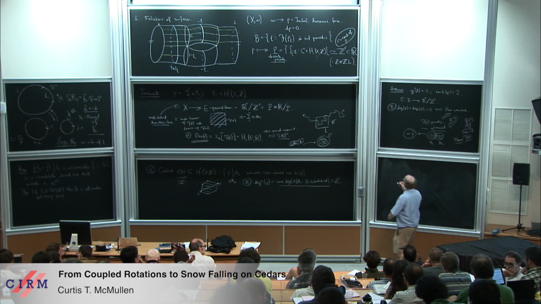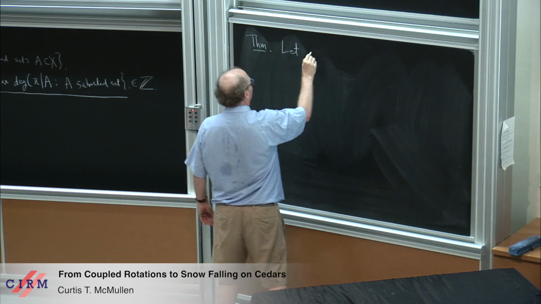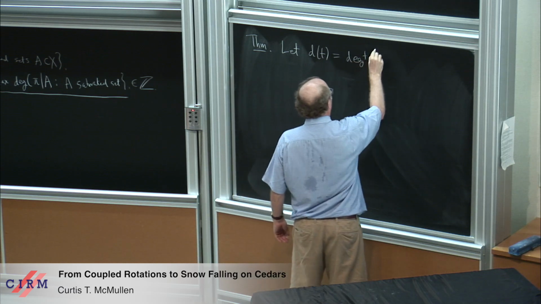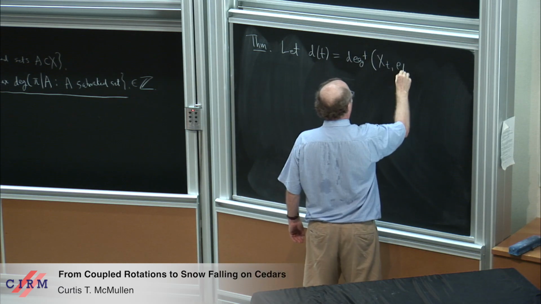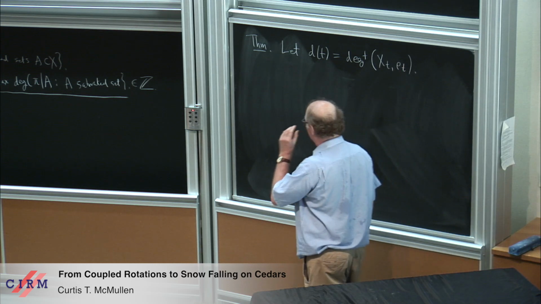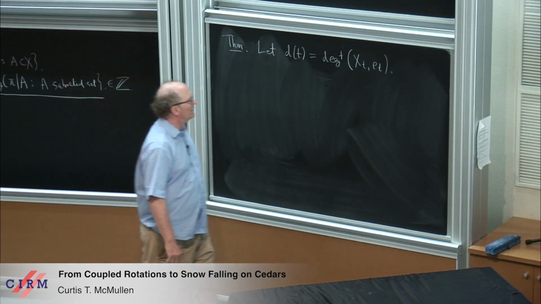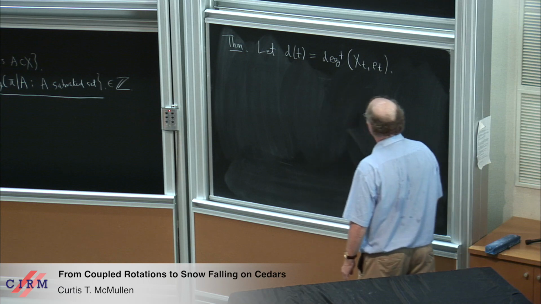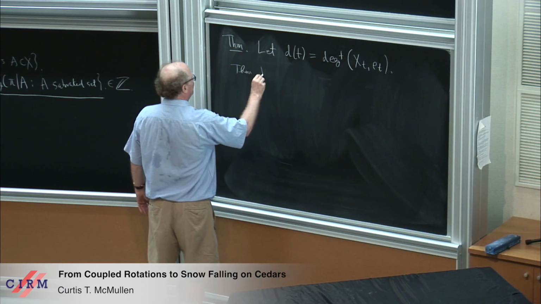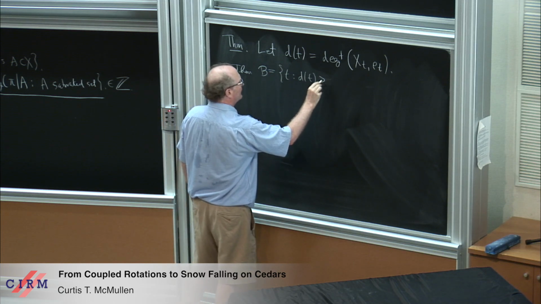Okay, so the theorem here is, we let d of t be equal to the degree plus of x sub t rho t in this particular family, or in any family of Riemann surfaces of genus 2, forms of rank 2, where the flux is 0, then the bifurcation set is just equal to the set of t where d of t is positive.